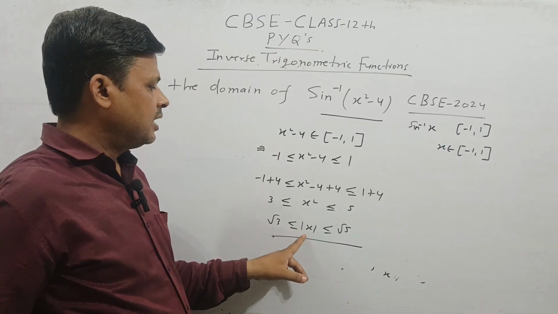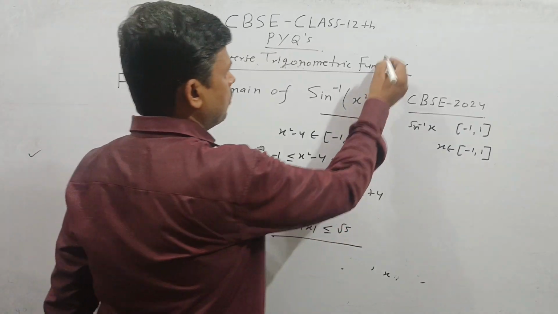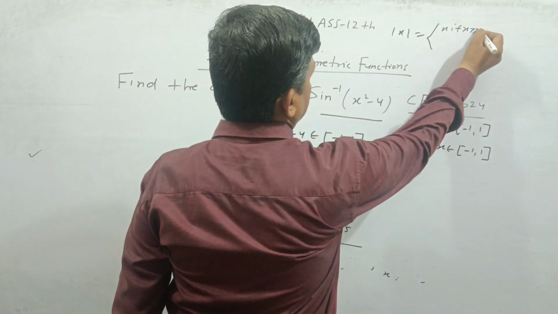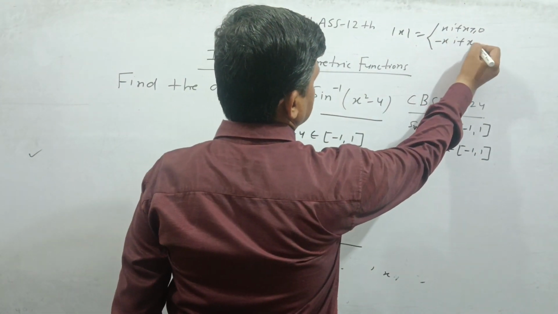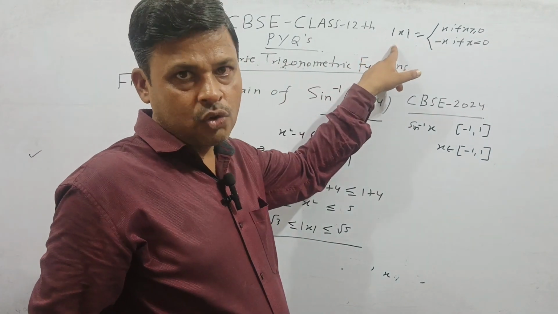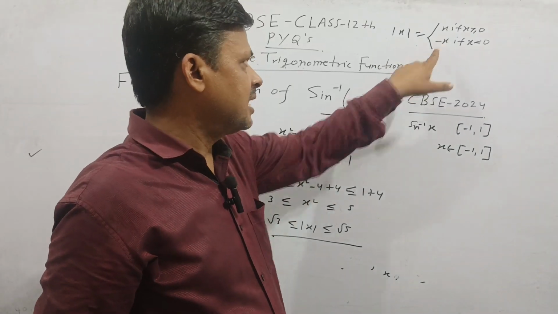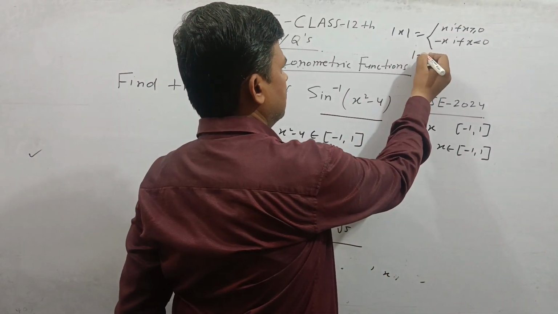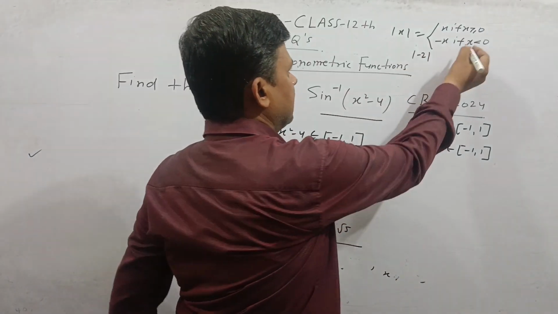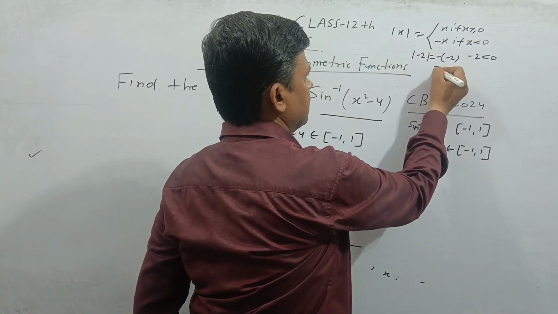So this is the way. It is the absolute value of x, that is mod x. And what you know about mod is that mod x is equal to x if x is greater or equal to 0, and minus x if x is less than 0. Mod of any quantity is always non-negative, but here there is a minus x. So don't worry. If you take a negative number, mod of minus 2, as minus 2 is less than 0, we will get minus of minus 2, that is plus 2.